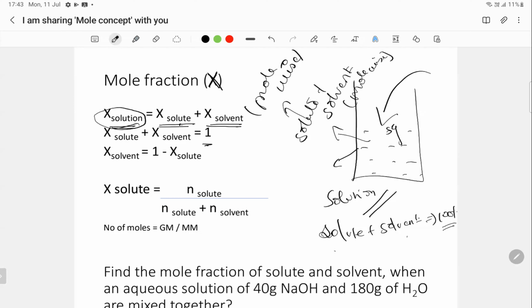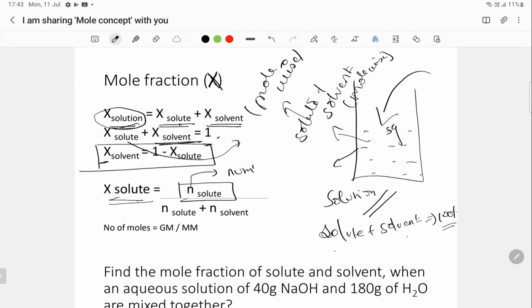From this we can determine the mole fraction of the solvent: 1 minus the mole fraction of the solute is equal to the mole fraction of the solvent. Clear? This is a clear-cut formula. To determine the mole fraction of the solute, the formula is number of moles of solute divided by number of moles of solute plus number of moles of solvent.